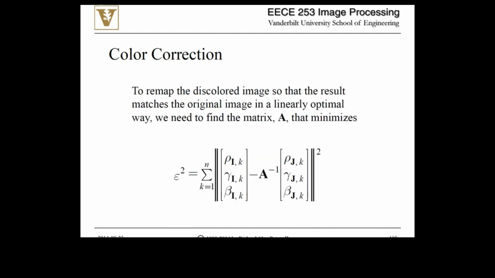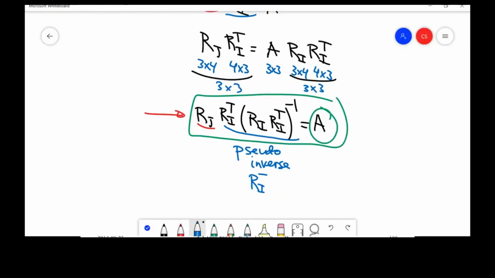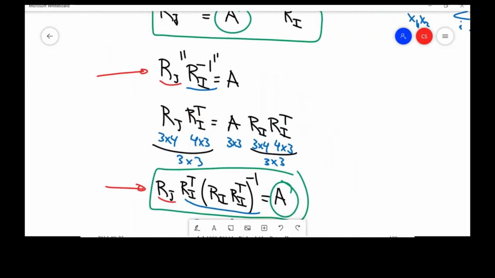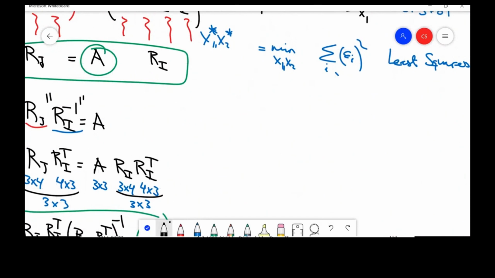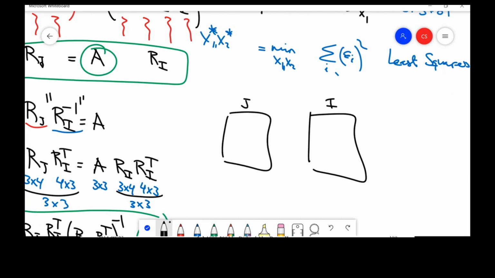So where is A minus 1 coming in? If I have two images, image I and image J, and I take a color here and I want to transform it there, I'm using for that the matrix A. If I want to go in the opposite direction, so you take a color from J and you want to have it in I, you have to use A minus 1.